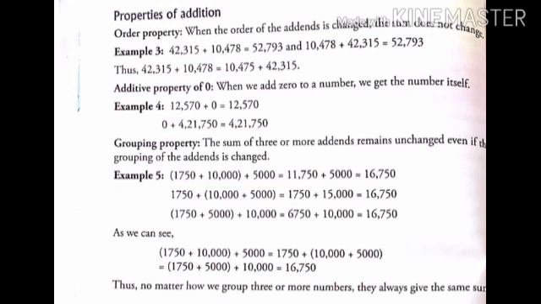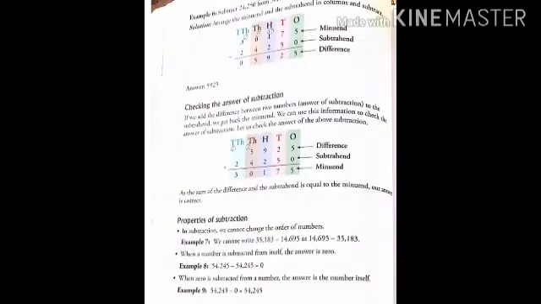First add those 2 numbers, you will get 11,750. Then add that number with 5,000, you will get 16,750. Similarly, if we add 1,750 to the sum of the next 2 numbers, 10,000 and 5,000, which becomes 15,000, then if we add that 15,000 to 1,750, the answer will also be the same.